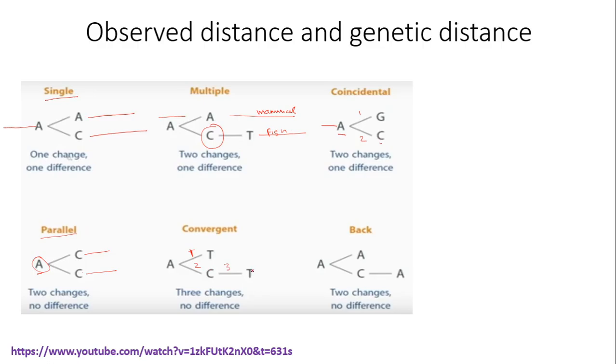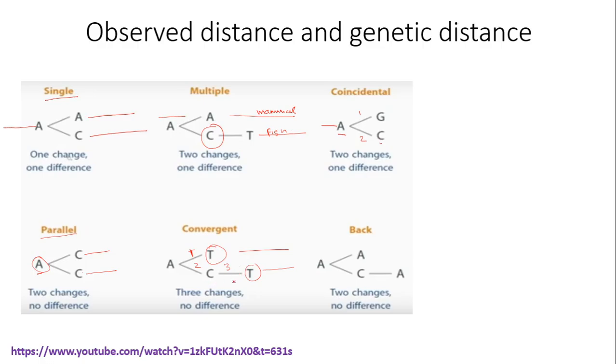T, right? If such is the scenario in which there are three changes that happen, at the end, what is the end product? In both the sequences, you observe that there is T, right? So such changes are called convergent changes as they appear to happen in the same line, right?